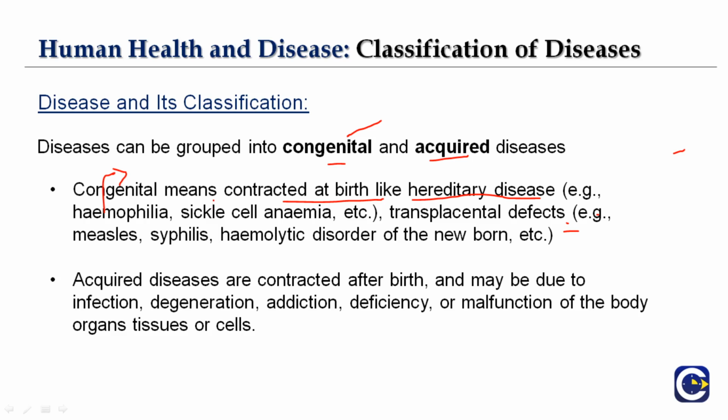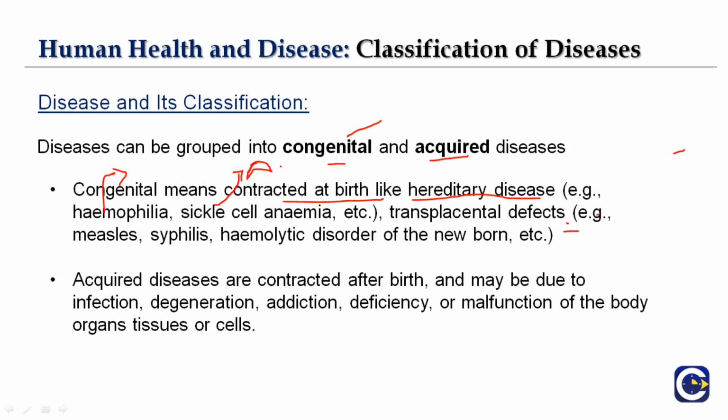And sickle cell anemia, where the shape of the RBC is changed into a sickle shape. All these diseases are not transmitted from one person to another, but are hereditary. The grandparents or parents, or someone before them, must have got the disease and they are transmitting it to their offspring.